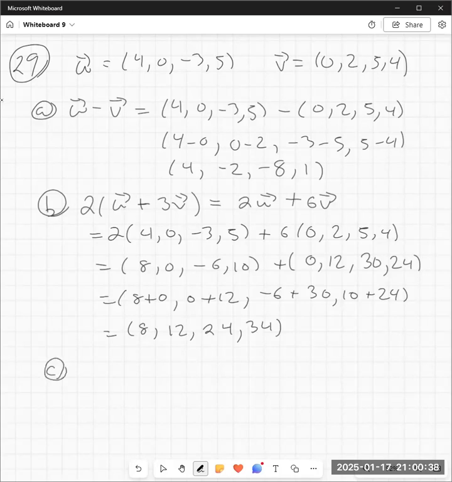Part C asks us to find 2v minus u. Watch out that v is before u here.